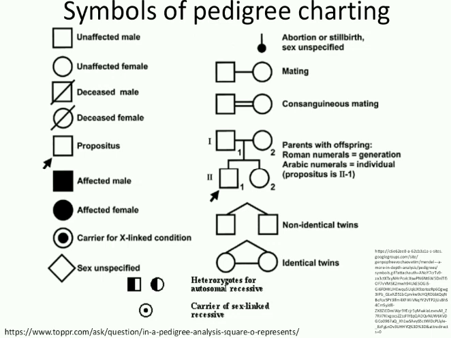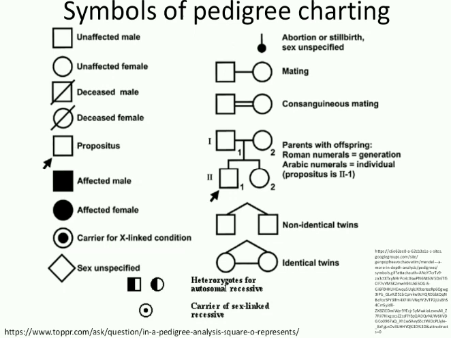Instead of a square or circle, if you draw a diamond, that means the sex of the person is not specified. A small shaded circle with a line above is an abortion or stillbirth with the sex unspecified. If you link a square and circle with a line, that means mating. If you link the square and circle with a double line, that is consanguineous marriage.